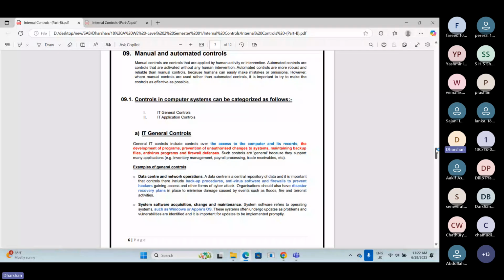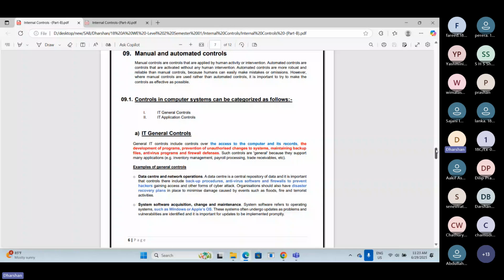Once you unlock the phone, if you want to access your mobile banking app, you should specifically give the password you have placed for that particular mobile banking app. That particular password and username is called an application control. In order to access that application, you have a separate password and username. To access your Facebook, you have a separate username and password.